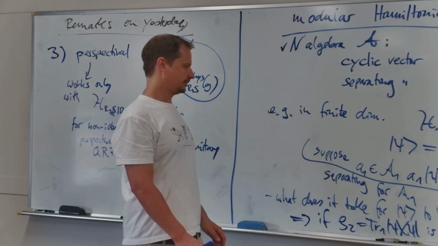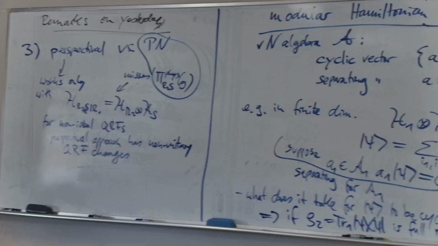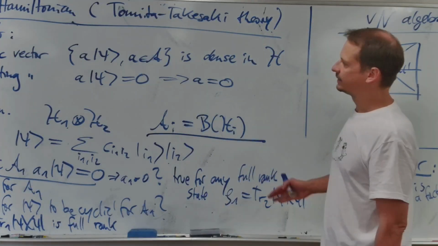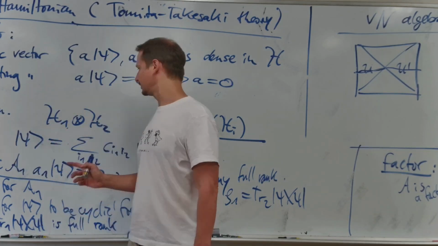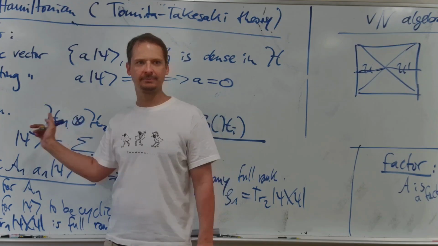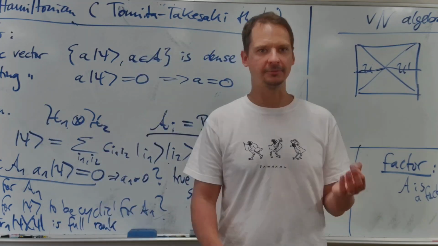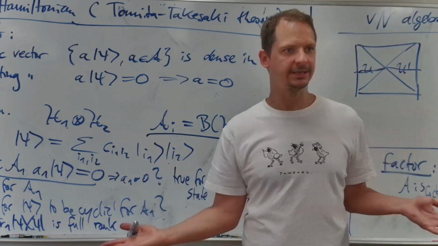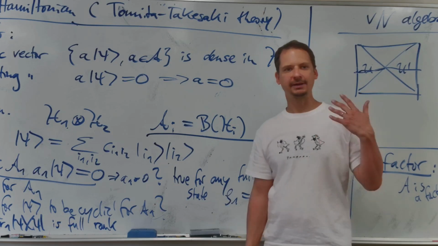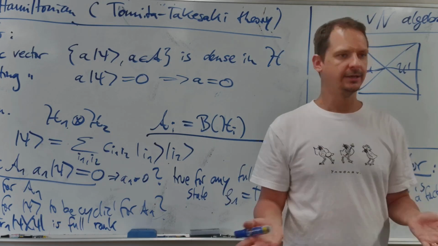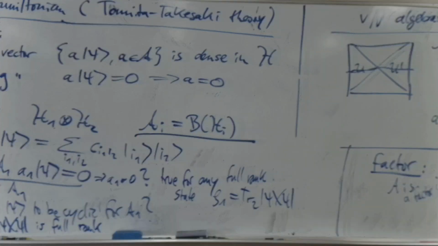If they're the full algebras of bounded operators on that Hilbert space, then I can have a cyclic and separating vector only if the dimensions of the two Hilbert spaces are the same. Because it has to be full rank in both, and that means it's a fully entangled state. It doesn't have to be maximally entangled in the sense of maximal entanglement entropy, but fully entangled in the sense of having full rank.